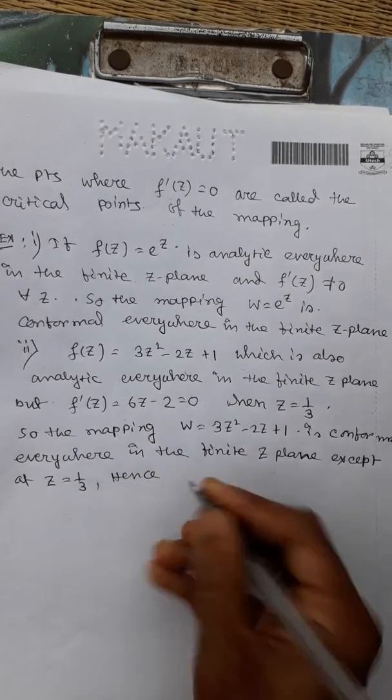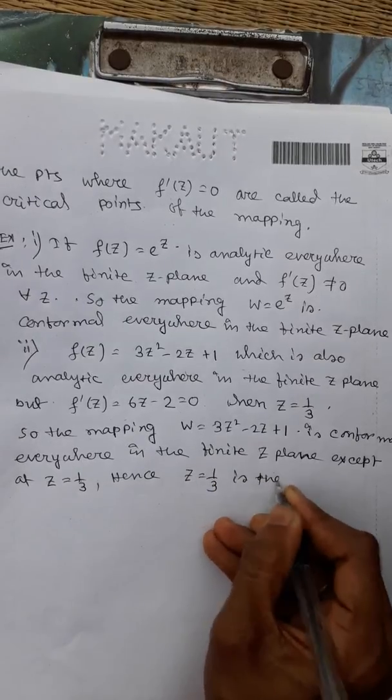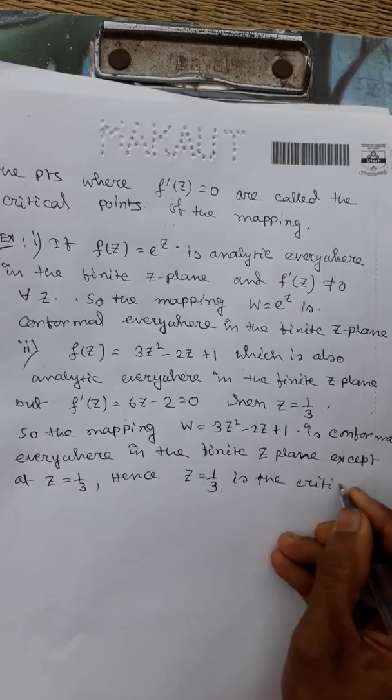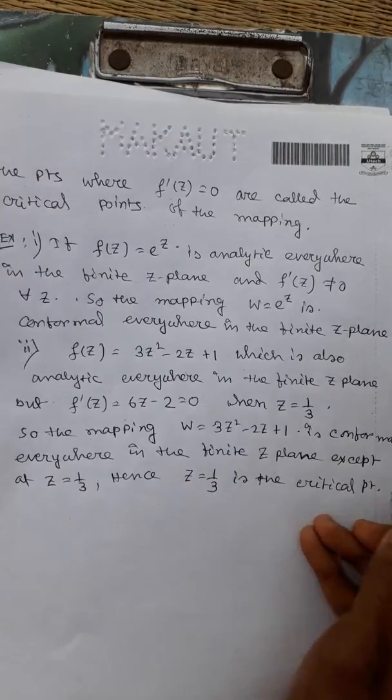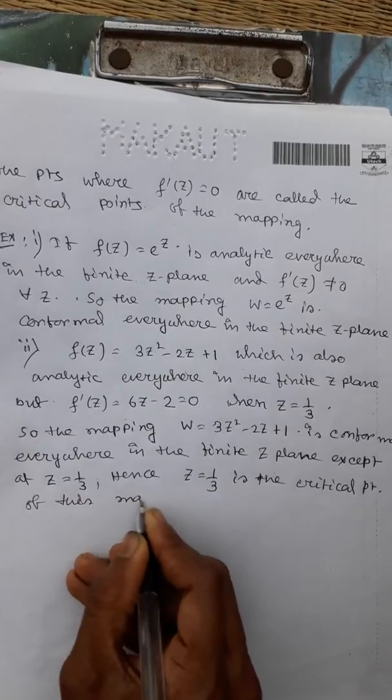Hence, z = 1/3 is the critical point of this mapping.